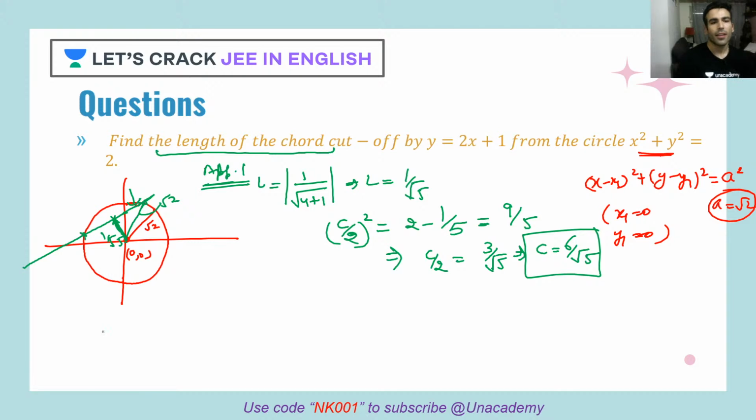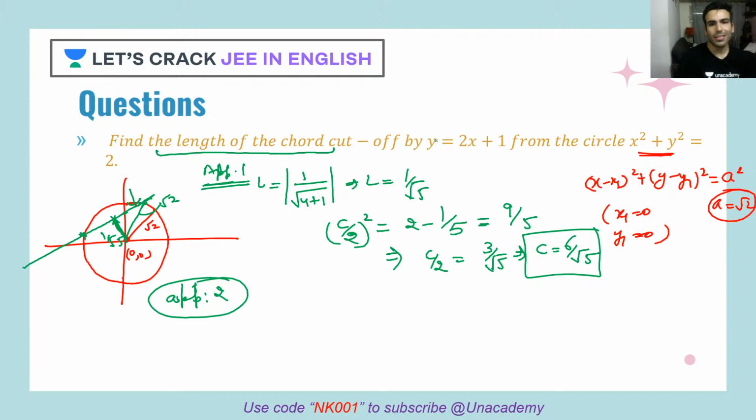Okay. Now approach 2. Approach 2 is, if I can find the intersection point of this line and the circle, then once I find the coordinates, I can use my distance formula. Simple. Let's do that as well. To find the intersection point, both the equations should satisfy the same points.